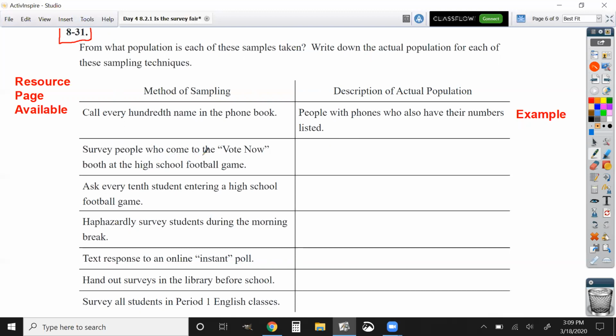So now let's see here. If you survey people who come to the Vote Now booth at the high school football game, in that case, these are going to be people who care enough about the issue to stop at the booth.